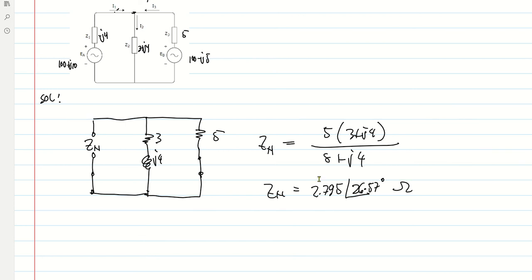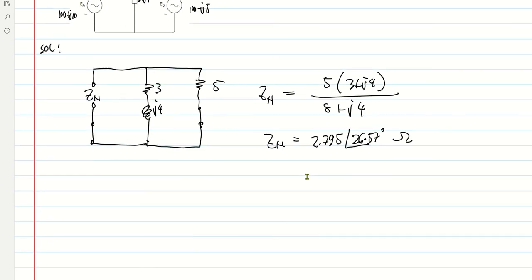Then after solving that, the next step is to calculate our short circuit current, or the Norton's current.